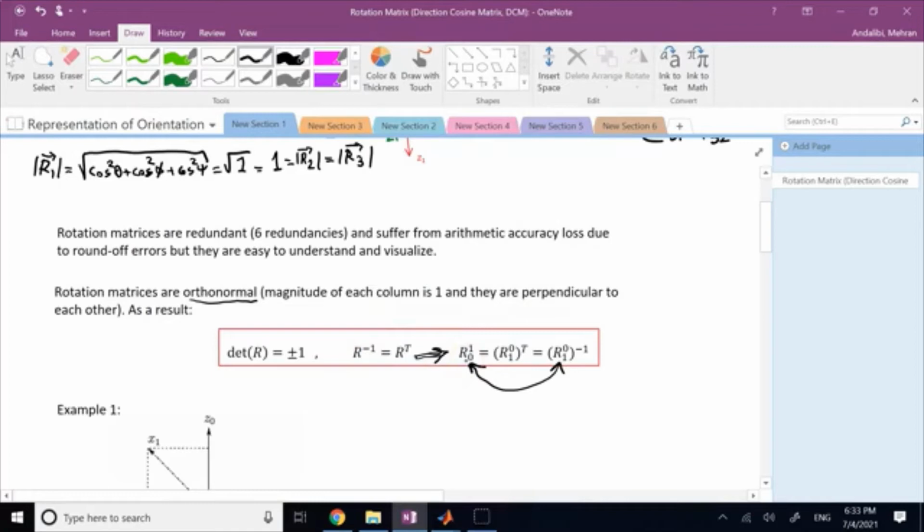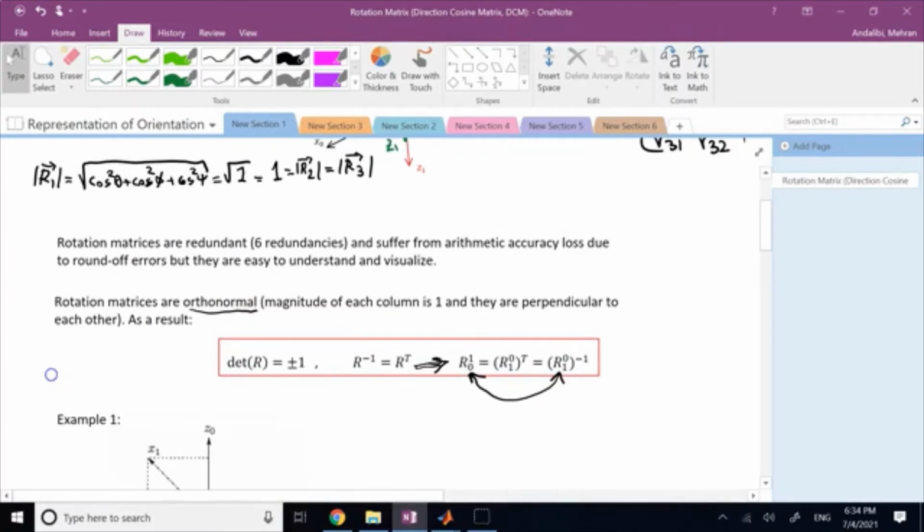Okay? So that's some of the very important properties of it, but that's not the only thing. Actually, the matrices that are 3 by 3 and orthonormal, in linear algebra, we say that these guys are forming a group. They are forming a matrix group, sorry, not a vector base.